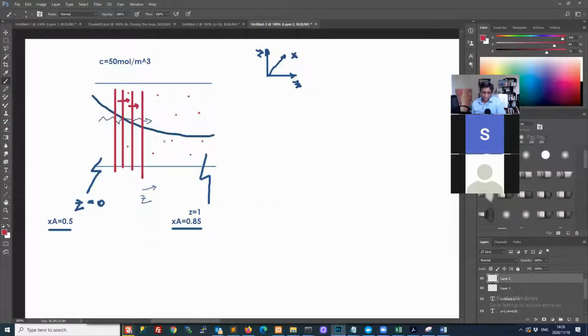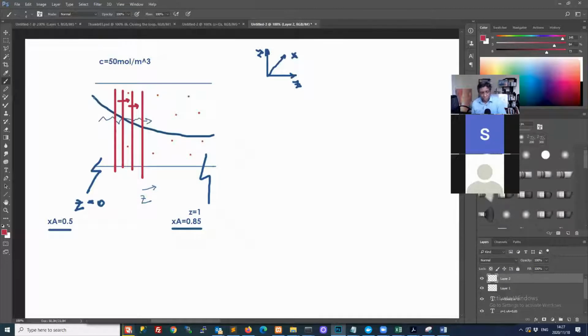Especially for it to be at steady state, where this concentration profile is steady, the molar fluxes have to be constant. Here we need to be a bit more specific. When we say constant, we typically mean in time. So for all time, you are going to get the same curve. If you look at this tube right now, it may have this curve, and if you look at it 5 minutes later, it's going to have the same curve, and so on.